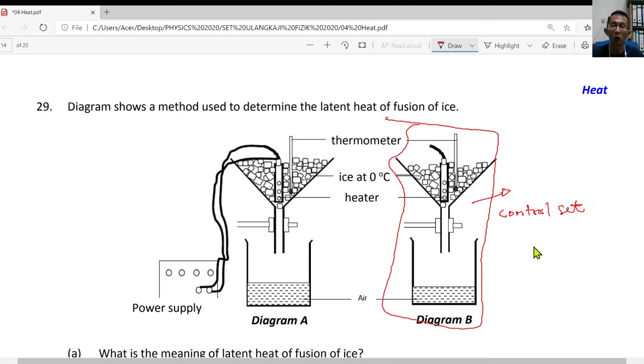Because I want to know, okay, if I don't have any power supply, if the heater is not heating the ice, what effect does the surrounding have, okay, on the amount of ice being melted by the surrounding heat. That is what we want to know from this control set. It's due to the surrounding temperature. Okay, how much of this liquid will be collected due to the surrounding temperature?